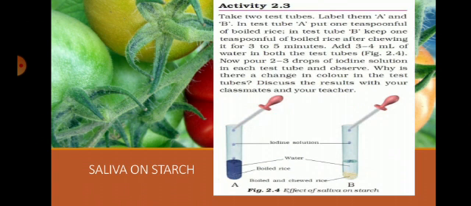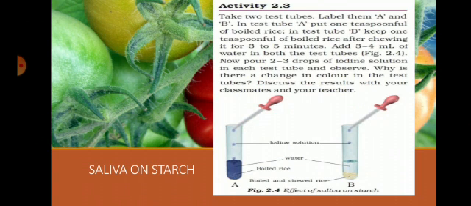Now add 1 teaspoon of water in test tubes A and B to form a solution of boiled rice. First, take boiled rice in test tube A, and in test tube B take boiled rice after chewing for 2 to 3 minutes.